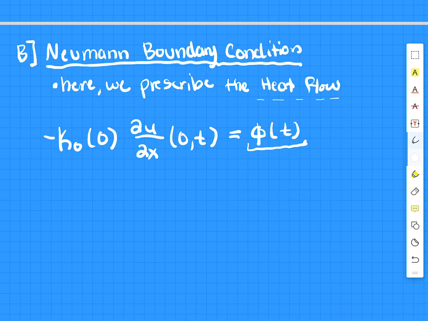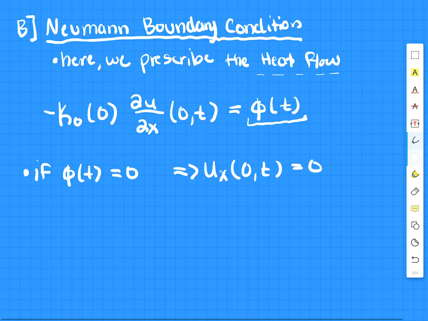Now, there are a couple of special cases of this specific condition. For example, if that set temperature is equal to 0, then this would imply that our partial derivative with respect to x of our function will also be 0.